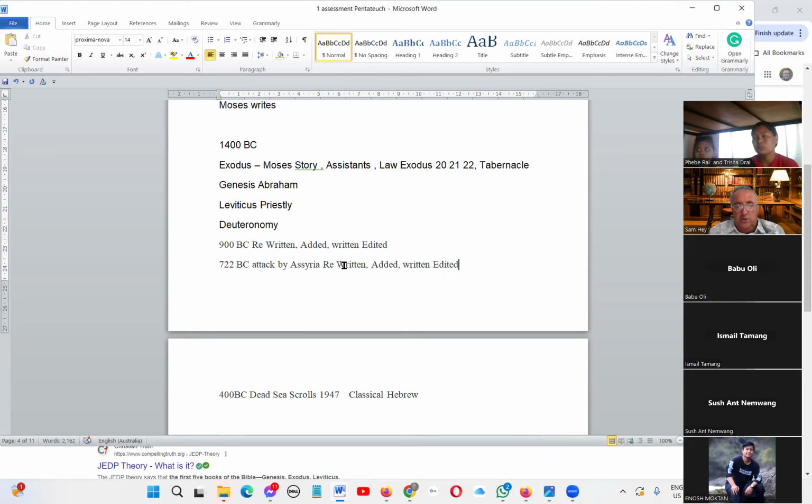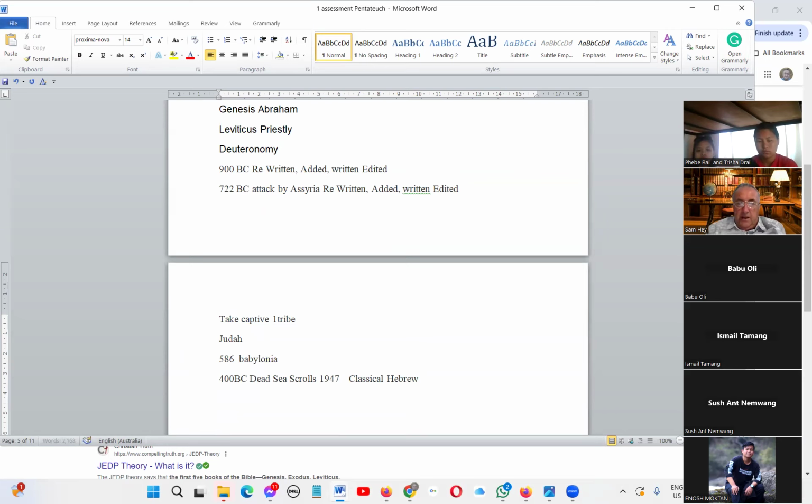And then around about 586, the Assyrians take captive 10 or 11 tribes, and the only tribe who is left is the tribe of Judah. But in 586 BC, the Babylonians take Judah captive, and even Judah disappears because it's taken captive by the Babylonians.